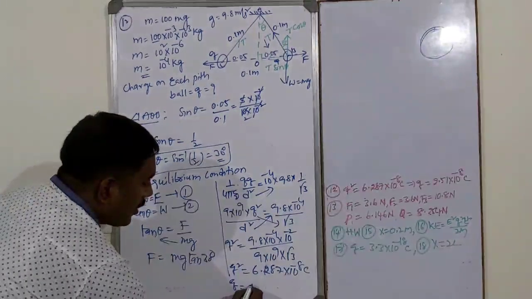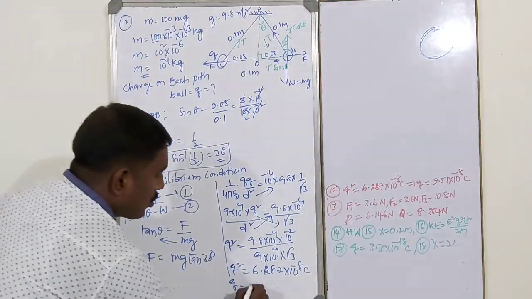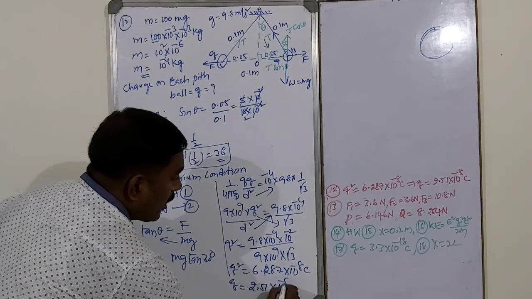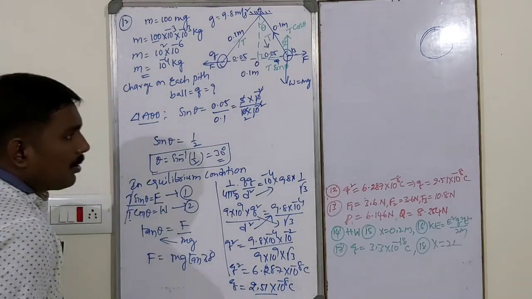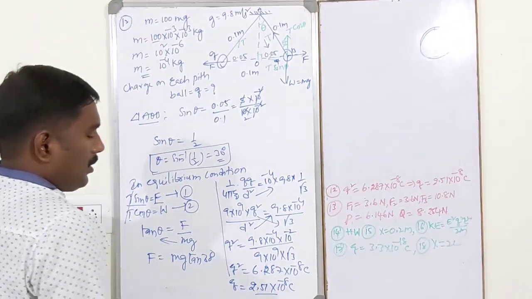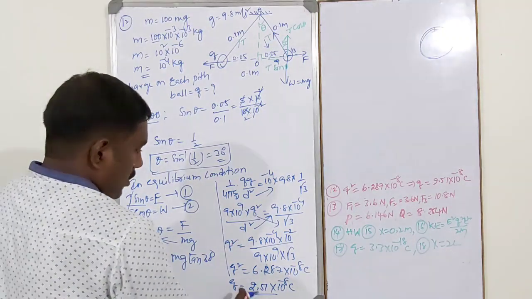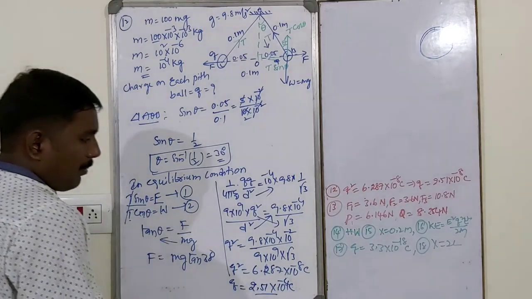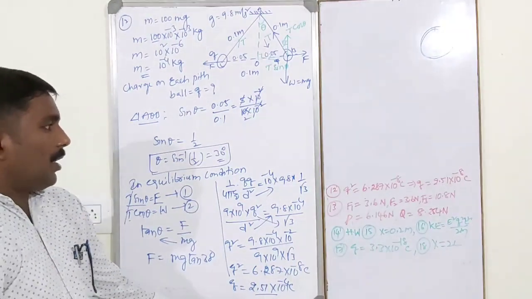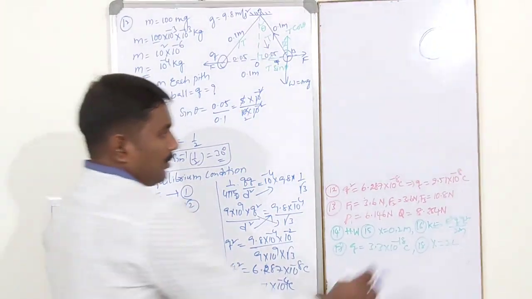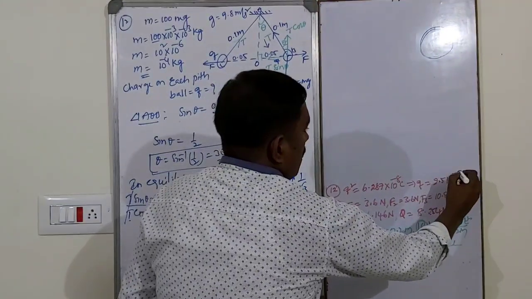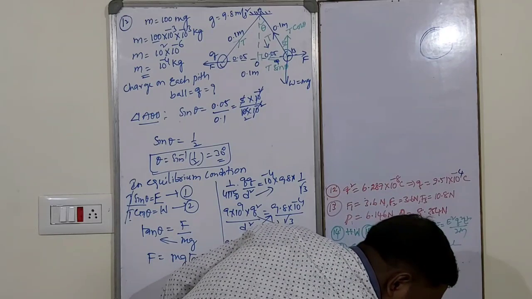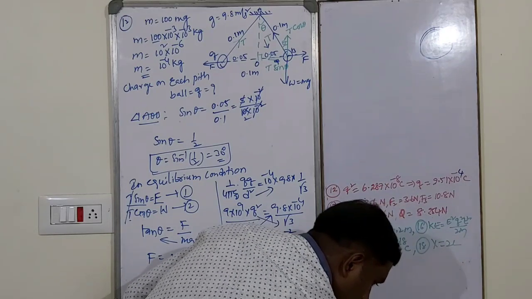The q value is the square root, that is 2.51 into 10 power minus 8 coulombs. Minus 8, no, minus 4? That is the minus 4 coulomb. So this is the final answer. Okay, I think it is 10 power minus 4.